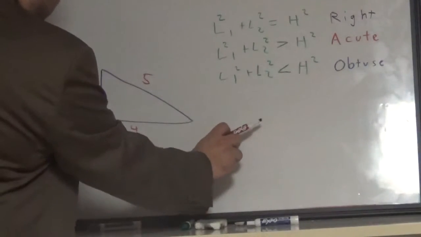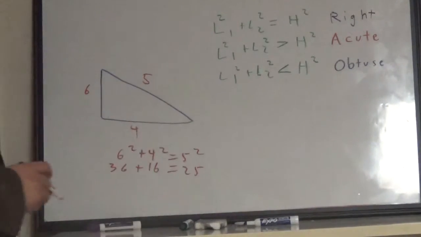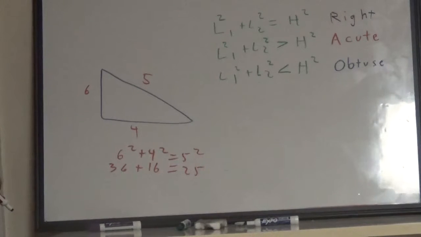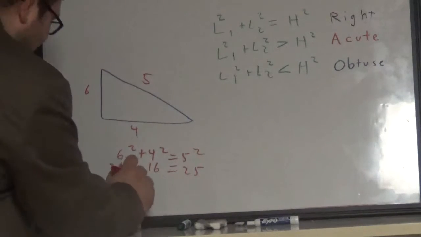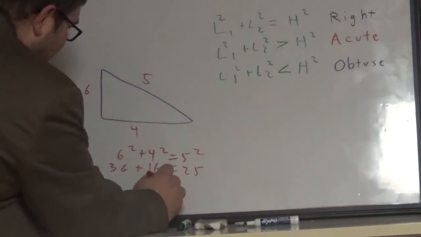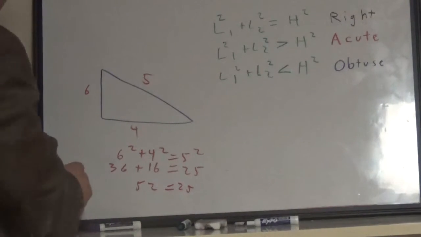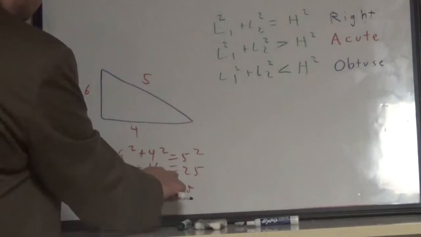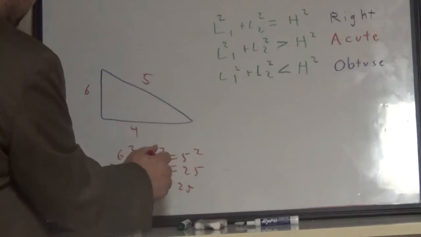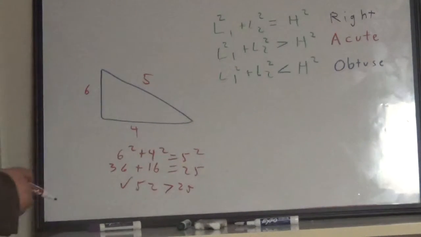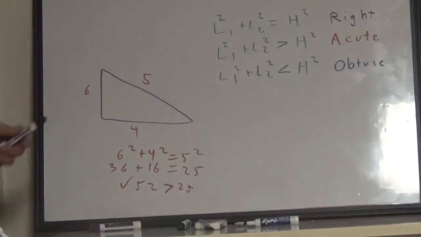What am I saying? 16 plus 36 is 52. And which one's bigger, 52 or 25? It doesn't take much to figure that out. It's 52. Therefore, the leg side is larger, making this acute.